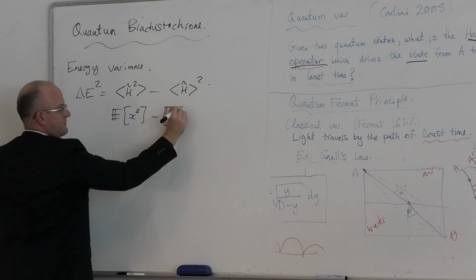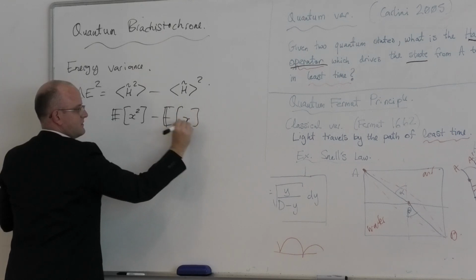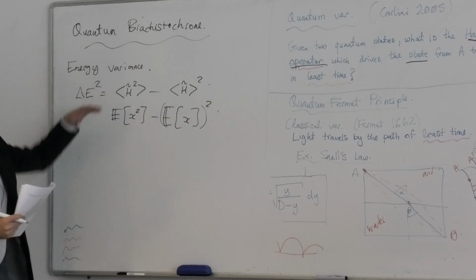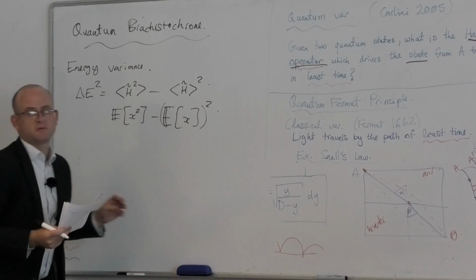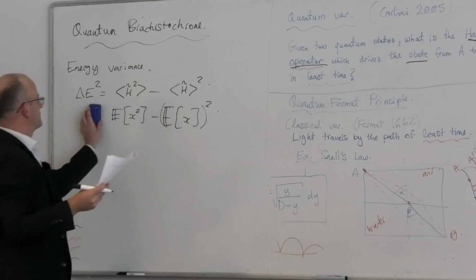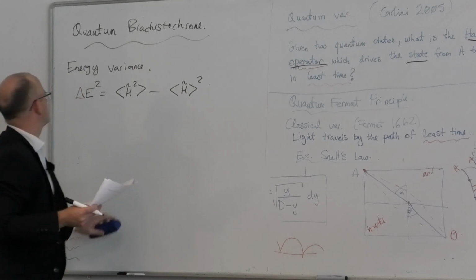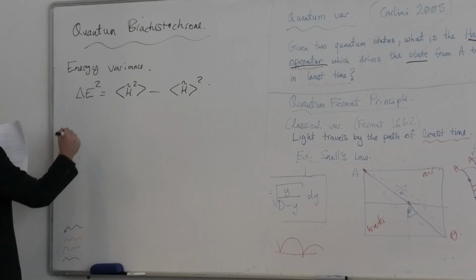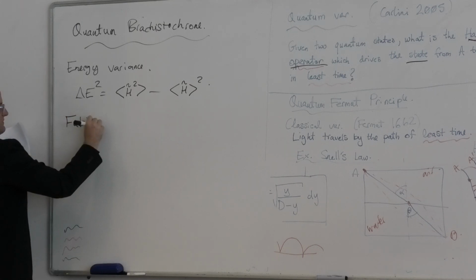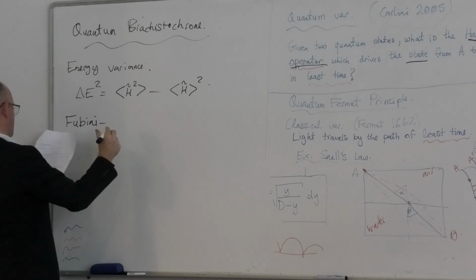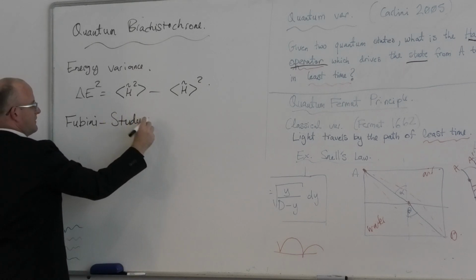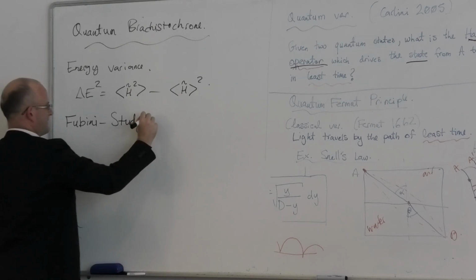Would you guys be familiar with the formula like this? Yes. Yeah? Okay, so what's H tilde? H is Hamiltonian. Alright. Okay, so we'll get into this. Alright, so that's what that is. Now we're going to set something up. This strange and very useful beast is called the Fubini-Study metric.